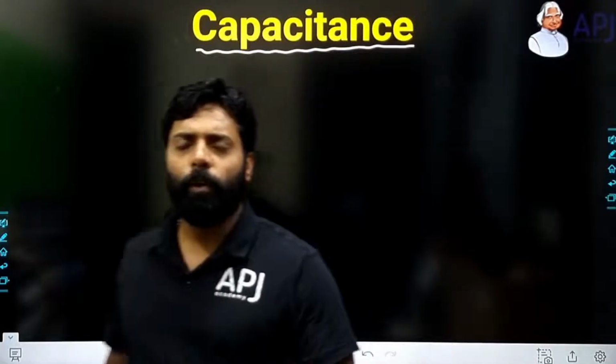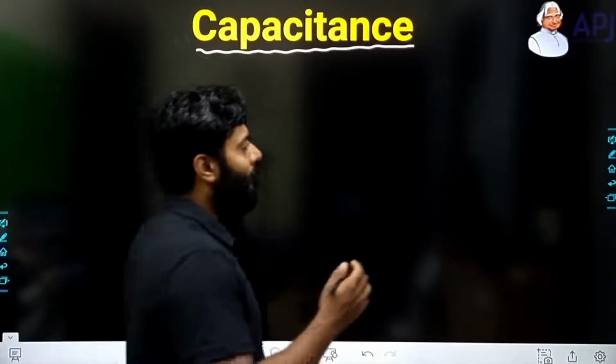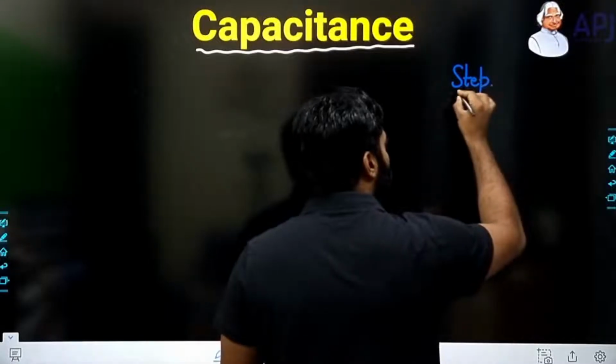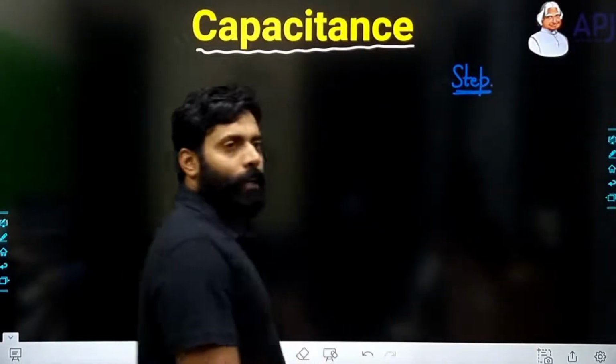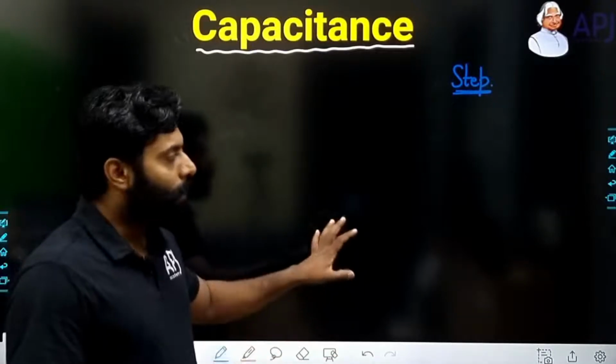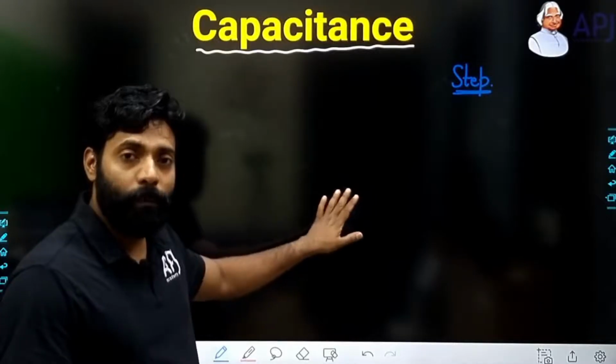So before going into that, you must know what are the steps to find the capacitance. So I am writing here the steps, because you must know the definition, you must know the derivation as well. Even if those derivations are not important for your JEE mains, for your advanced these derivations are very much important.